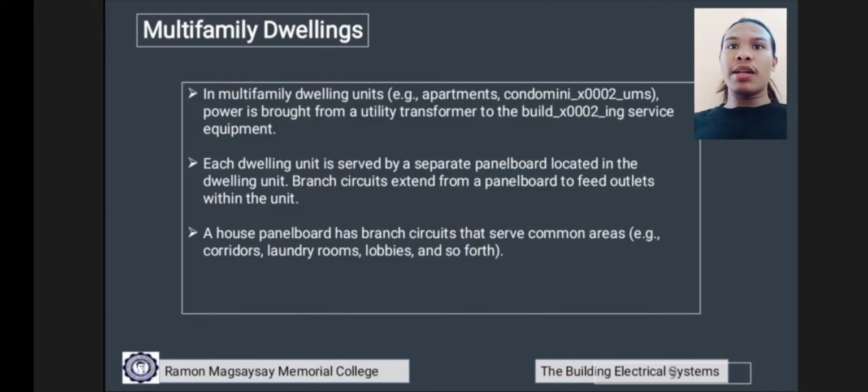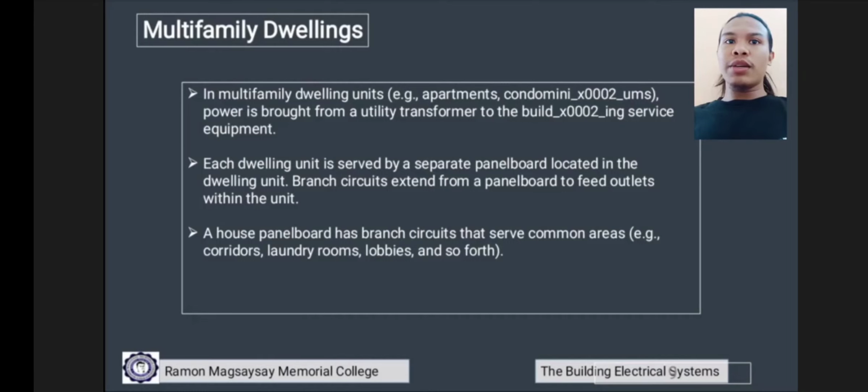In multifamily dwelling units, examples are apartments and condominiums. Power is brought from a utility transformer to the building's service equipment. Each dwelling is served by a separate panel board located in the dwelling unit.